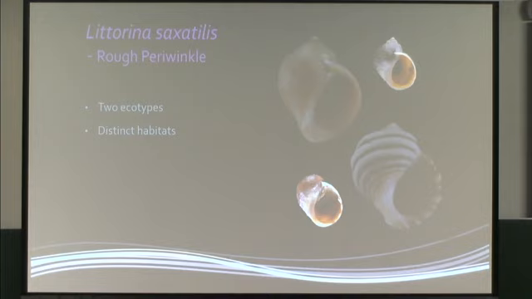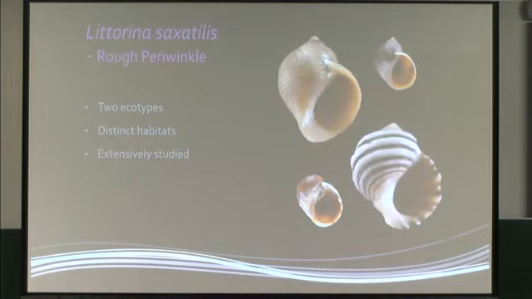There are often very sharp transitions between these two habitats, meaning that the two different ecotypes can exist in distinct habitats just a few meters apart. And in these contact zones we also have intermediates, so they are still the same species, but they're separated into these two ecotypes.